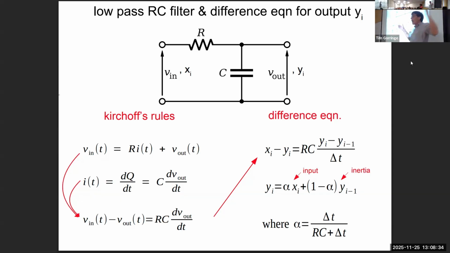V out is the yi's, again an array of voltages in these discrete intervals. The xi's are what we're going to specify, and the yi's are what we're going to calculate. So that's the left-hand side. On the right-hand side, we've got the parameters of the circuit, R and C, and then we've got the differential of the output voltage. We've just got to write that as a difference equation.